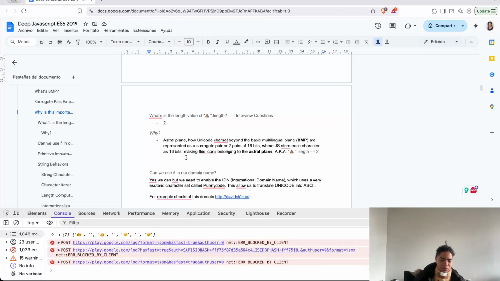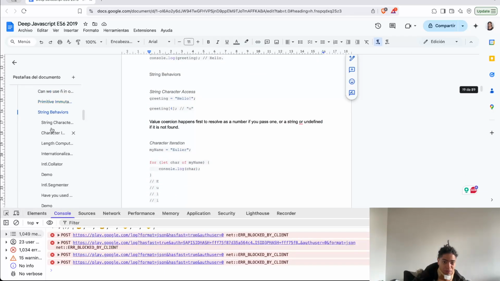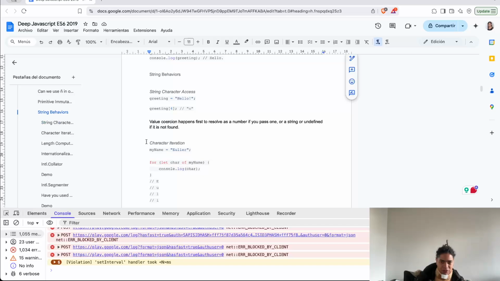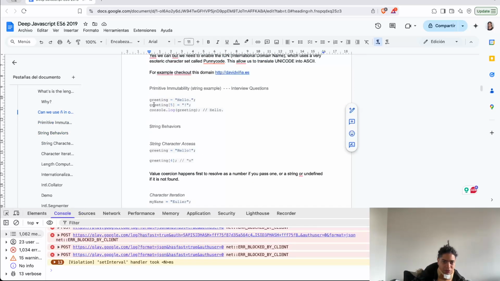For example, when you look at string behaviors particularly, how you can have access to a string, how you can modify the string, for example if you try to access that character and add a new value to that, this is not the way to assign that.